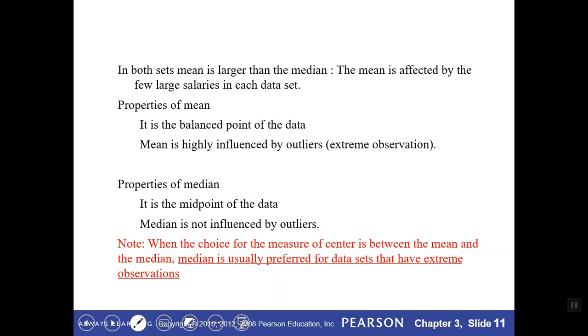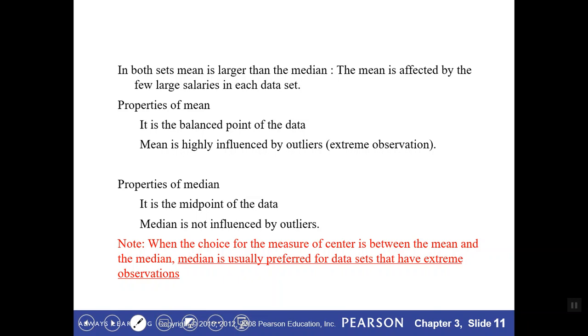Properties of the mean. These are critical properties. Mean or average is the balance point of the data set. Mean is highly influenced by outliers. What are outliers? Outliers mean extreme observations, which means that particular observation is far away from our normal observations.